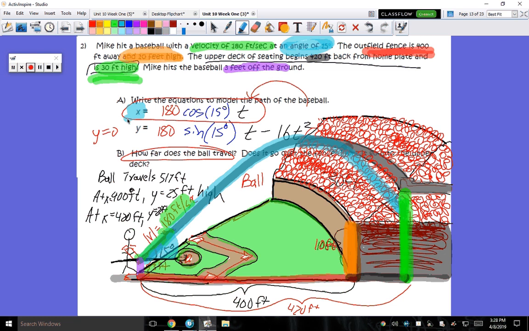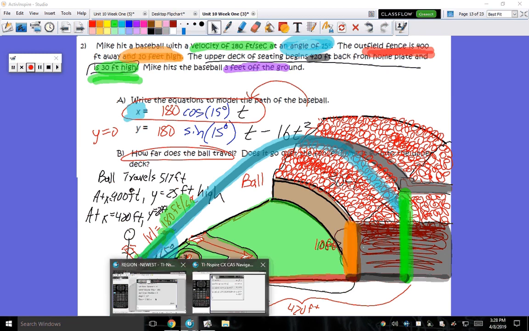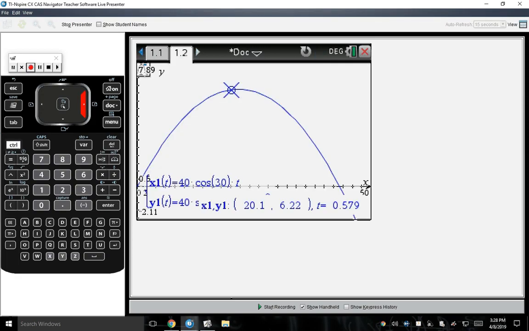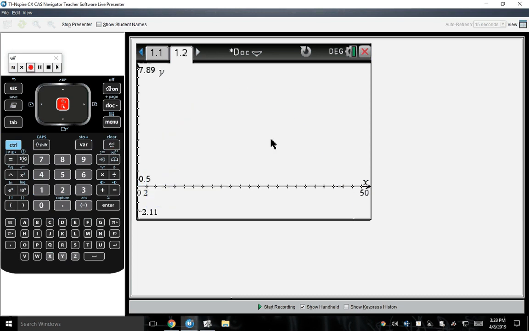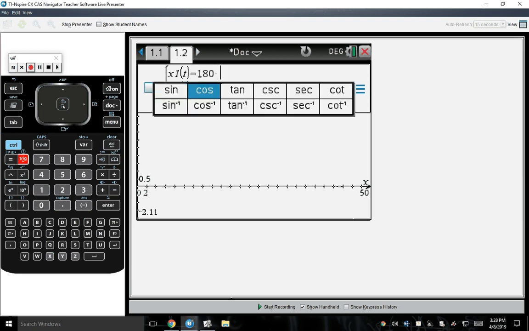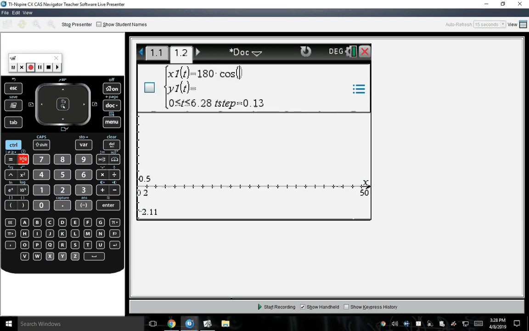Okay? So, for the sake of instructional purposes, I'm going to do the graph again, with this new equation that was given. Here we go. Control right. Let's press delete 3 times and press yes. So I'm teaching in the calculator. We'll press tab, and it'll be 180 times the cosine of what? 15, right?